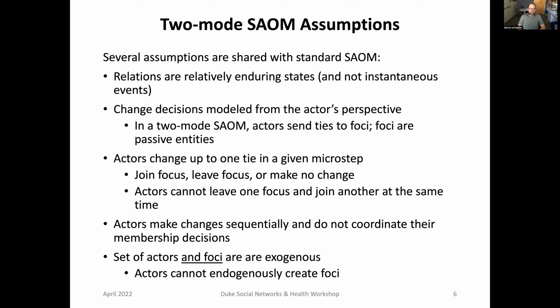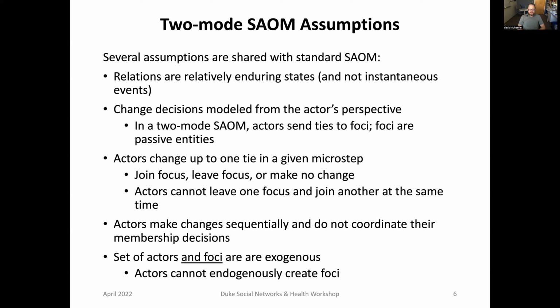So when modeling your two-mode network, think about the nature of change, and whether it is possible for actors to belong to no foci and to multiple foci, which is needed if actors are going to change from one focus to another.